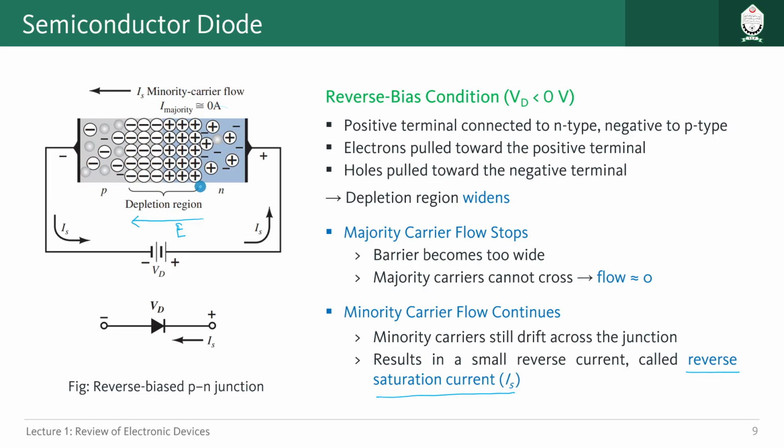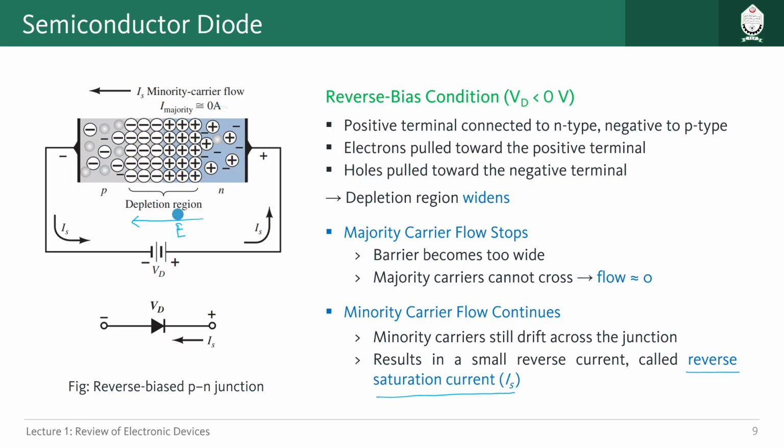That means the number of minority carriers is still the same. So even though you have increased the electric field by increasing the width of the depletion region, you will see the reverse saturation current, or drift current, the amount is still the same but in the opposite direction. That's why the term is reverse saturation current, or IS, you will see.